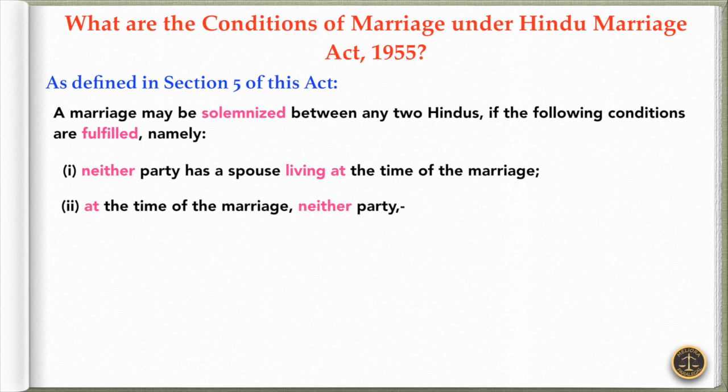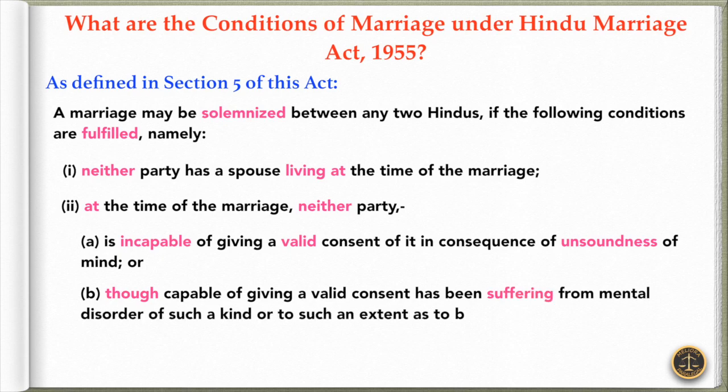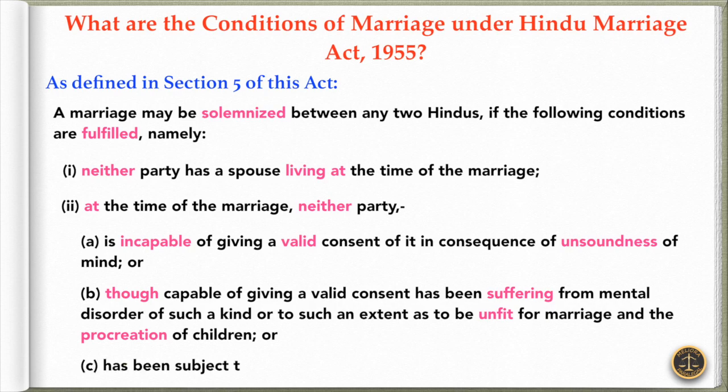At the time of the marriage, neither party is incapable of giving a valid consent to it in consequence of unsoundness of mind, or, though capable of giving a valid consent, has been suffering from mental disorder of such a kind or to such an extent as to be unfit for marriage and the procreation of children, or has been subject to recurrent attacks of insanity or epilepsy.